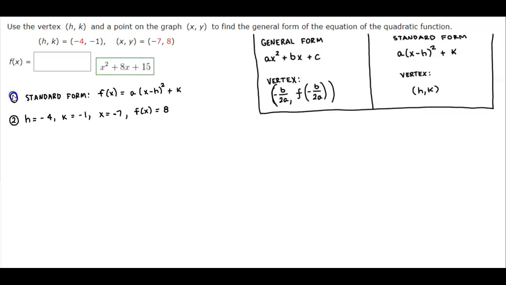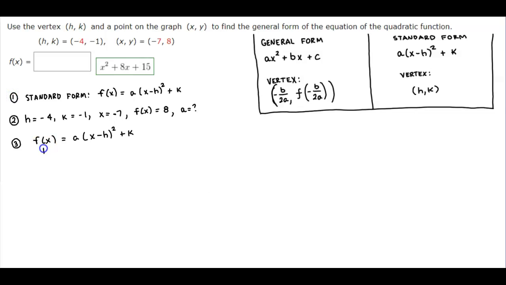So now what we can do is plug all this information in to find the value of a. Let's go ahead and do that. We rewrite the function f of x equals a times (x minus h) squared plus k.